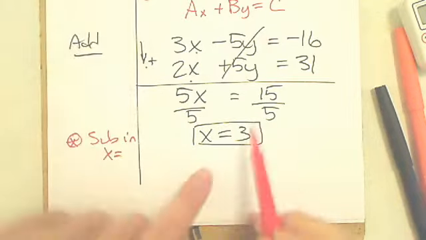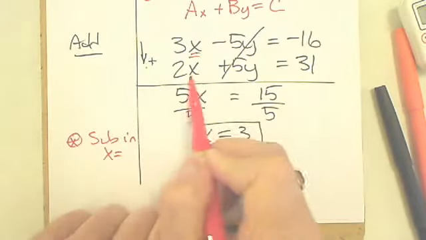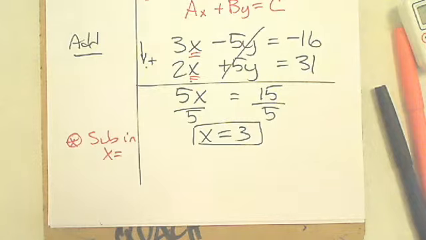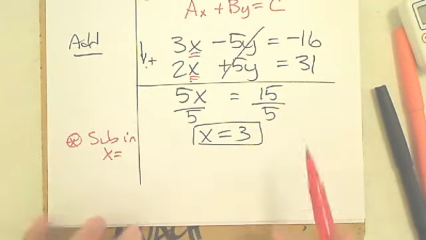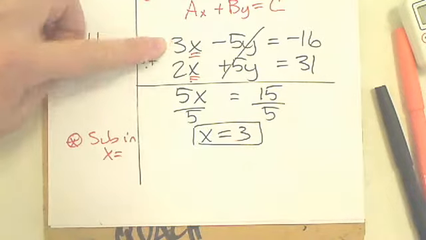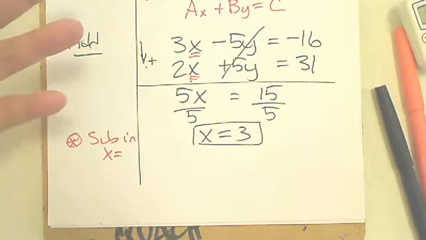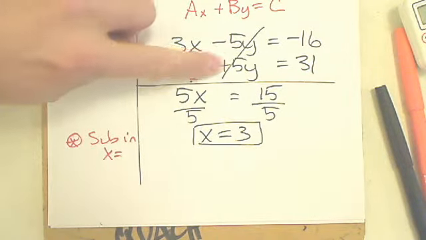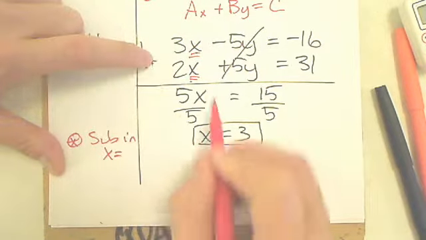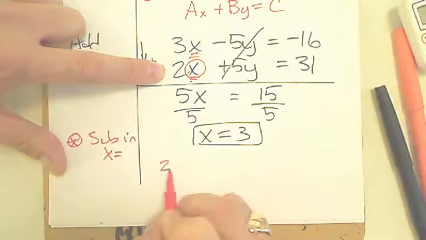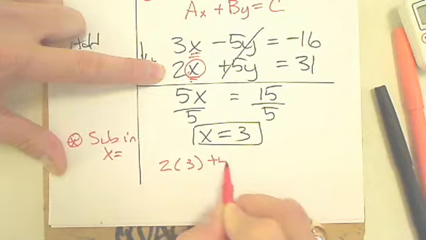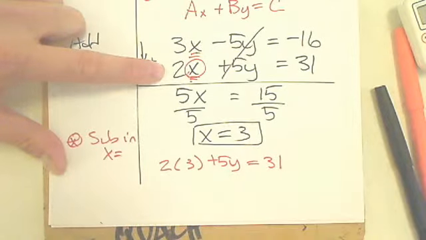So we can put x here or here. Which equation would you like to do? Doesn't matter. So if I substitute this x right here, 2 times 3 plus 5y equals 31.